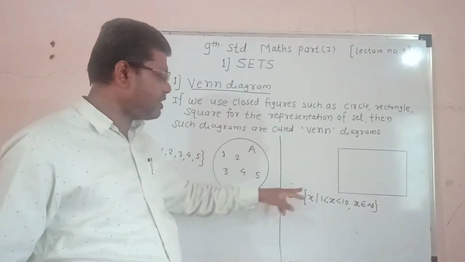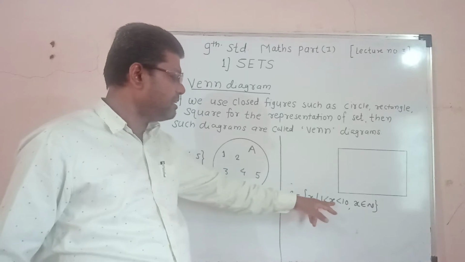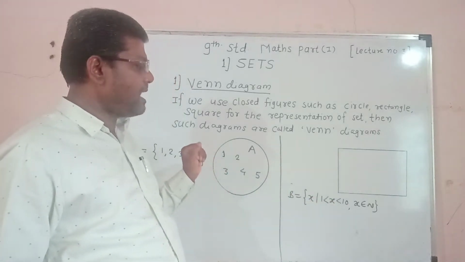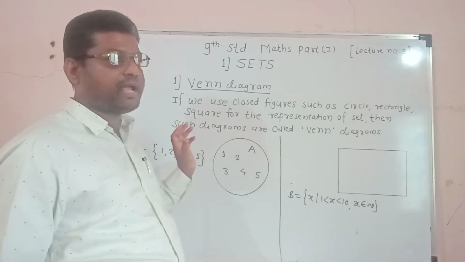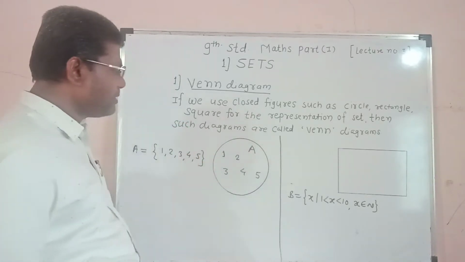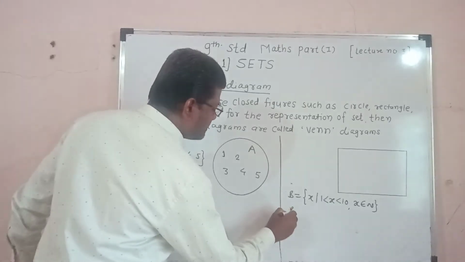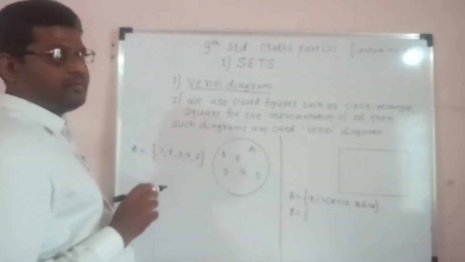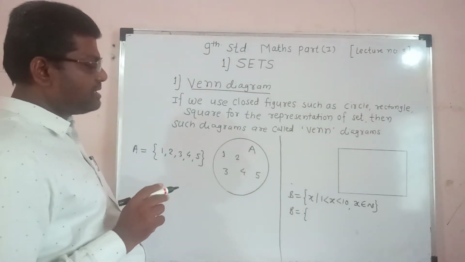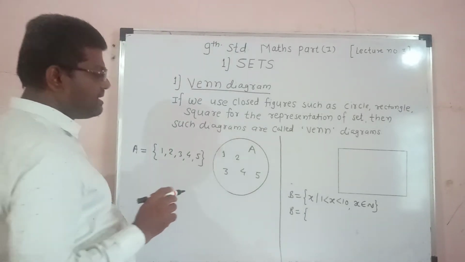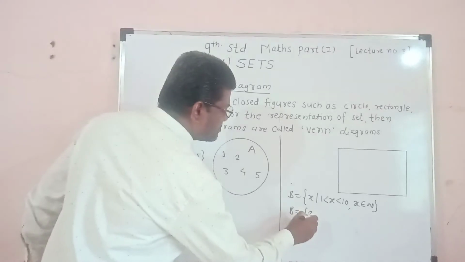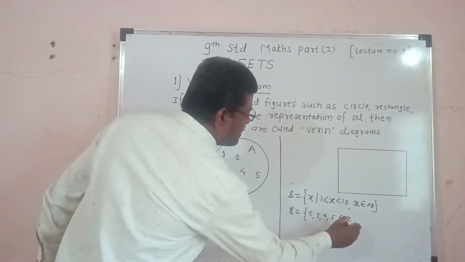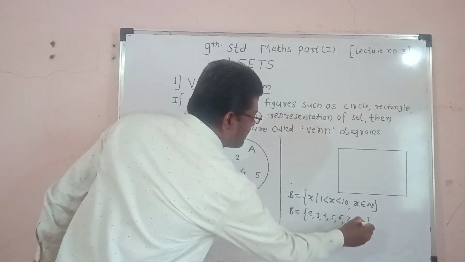Therefore, this set can be written in listing method as: the natural numbers greater than 1 and less than 10 are 2, 3, 4, 5, 6, 7, 8, 9.